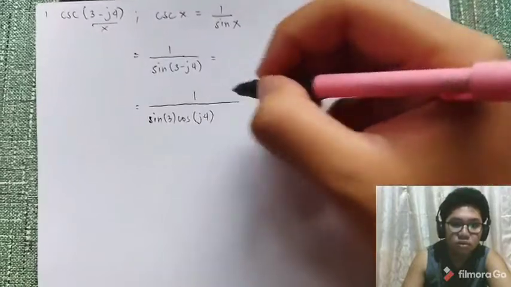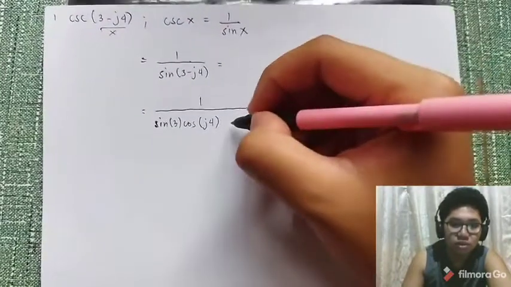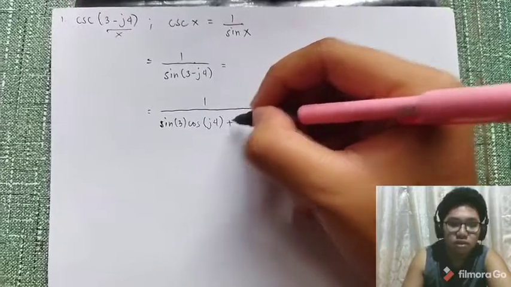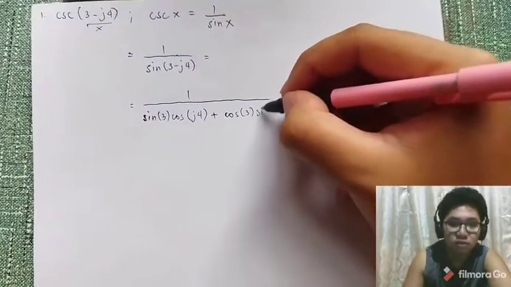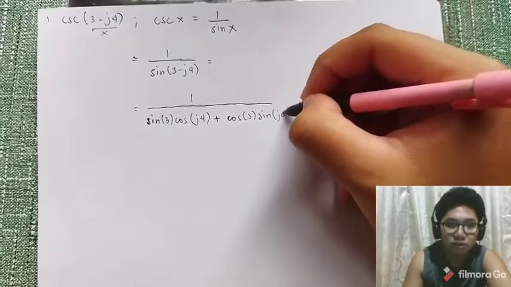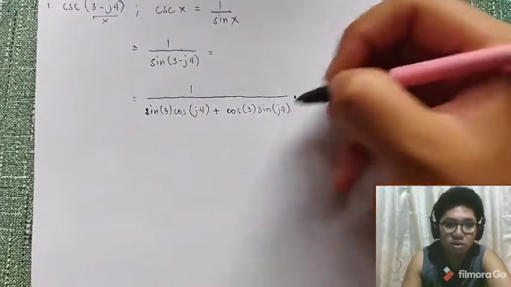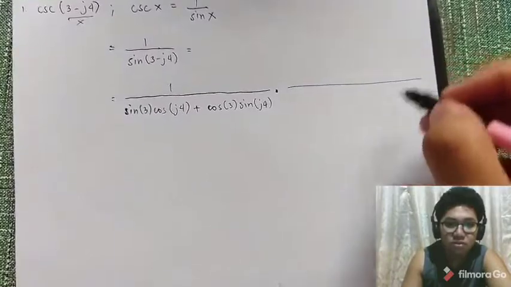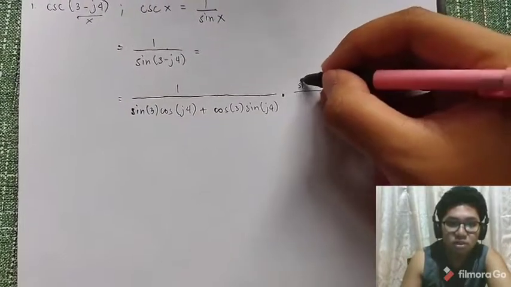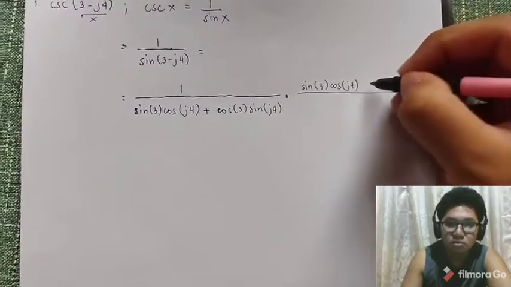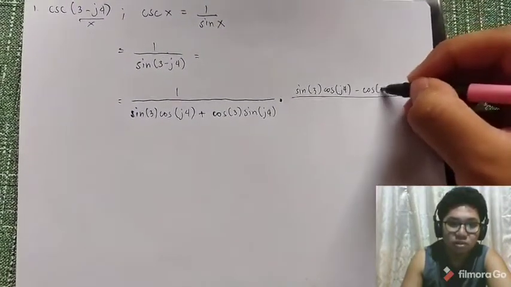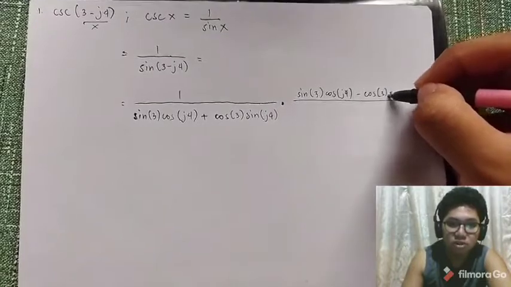Then we will use the property of the sine, which is the sine of 3 minus j4 is equal to the sine of 3 times the cosine of j4 minus the cosine of 3 times the sine of j4, and multiplying the numerator and denominator by its conjugate.